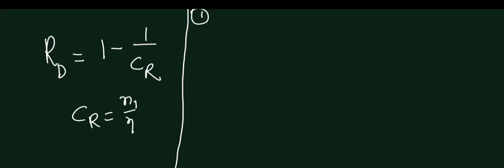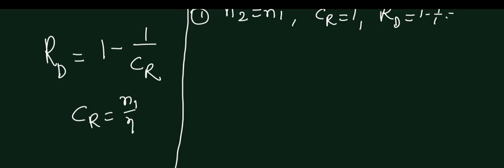Say let us say here n2 equals n1. What happens to the compression ratio here? In this condition the compression ratio equals 1, and the relative data redundancy RD equals 1 minus 1 upon 1, which gives you 0.